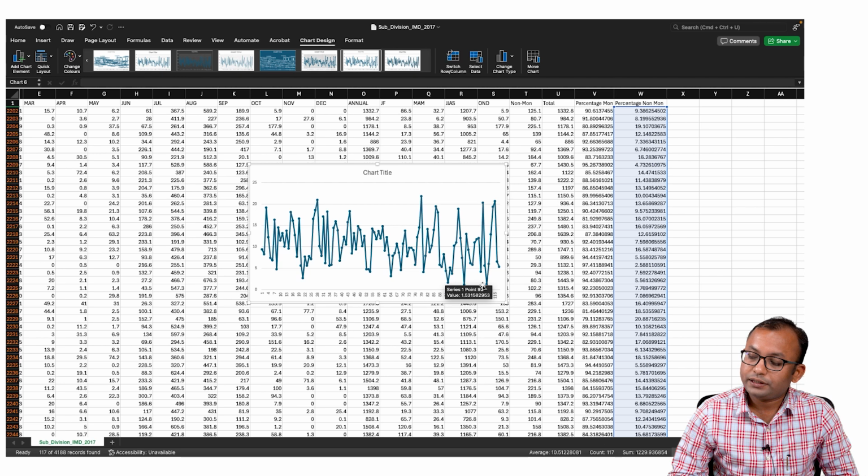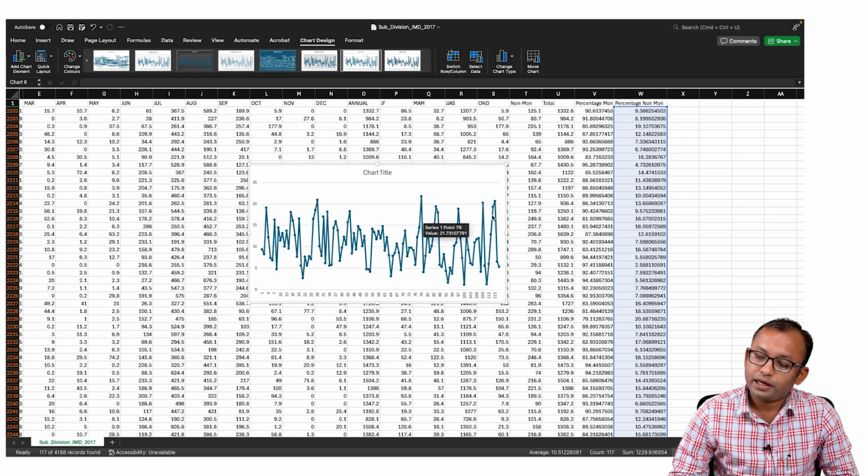There are a few instances where we have a very low amount of non-monsoonal rainfall. If there is a low amount of non-monsoonal rainfall, there is a higher chance of severe drought events, water scarcity, or some sort of low water availability periods in eastern Madhya Pradesh.